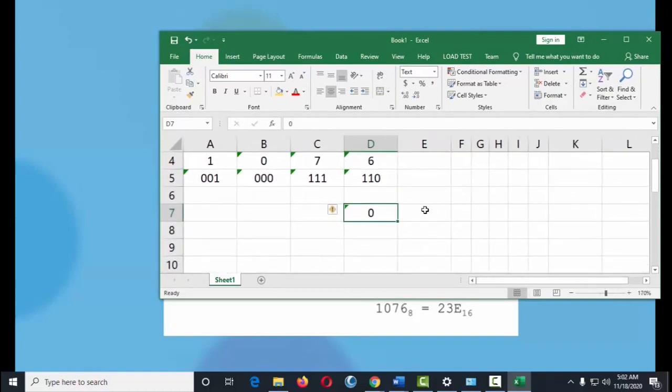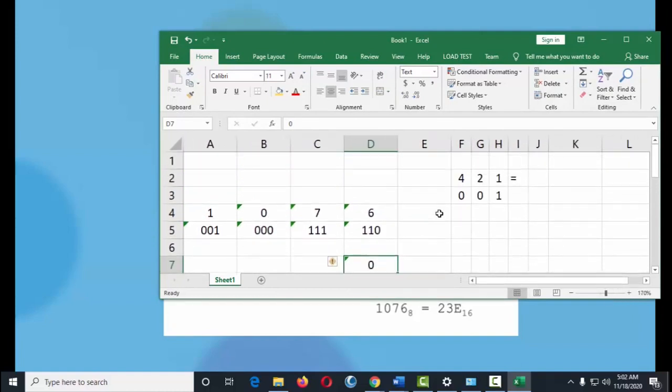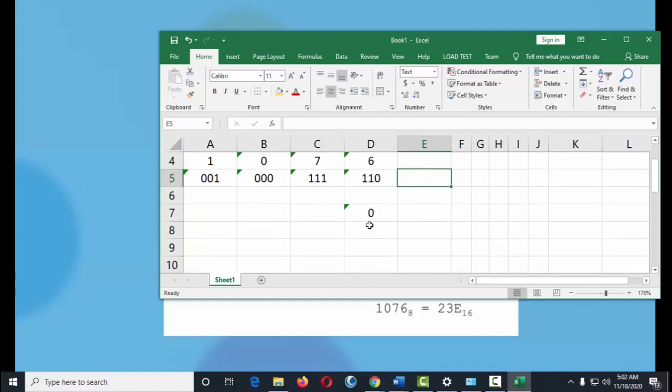So again, the first step is convert it to binary, and then the next step is to group the binary answer by 4, because in hexadecimal the binary is grouped by 4. So the first grouping is 0, 1, 1, and 1. Then there's 1110.